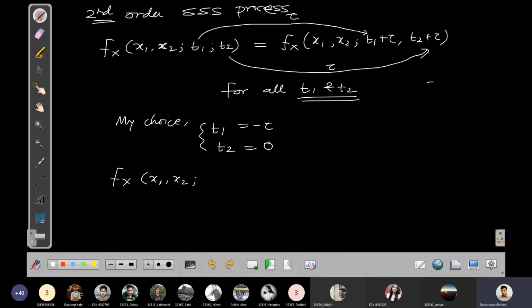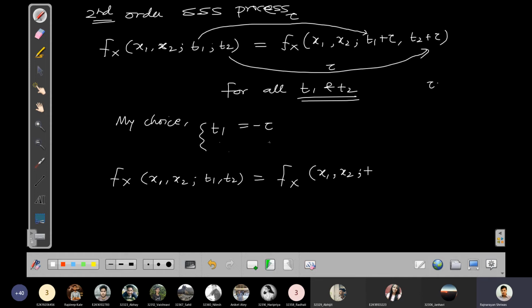So if I choose t1 as 0, okay, let's keep t1 and t2 as they are. Let's see what we get. Let me write t1 first, then I will see what I should choose, or you will tell me.